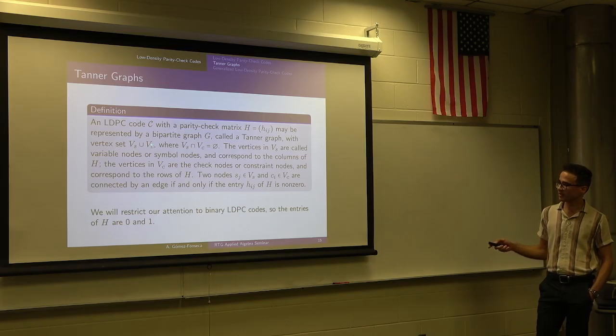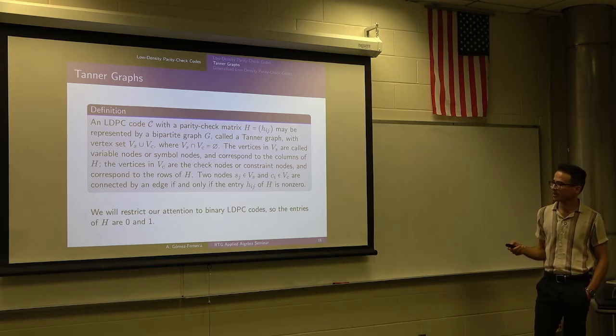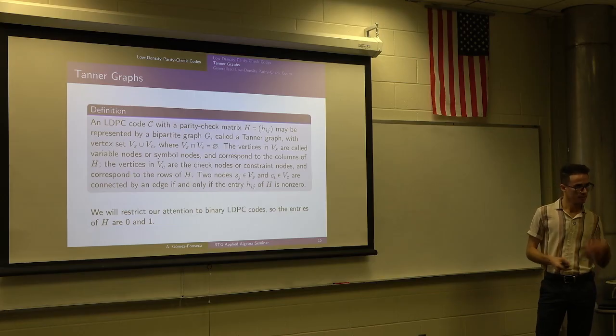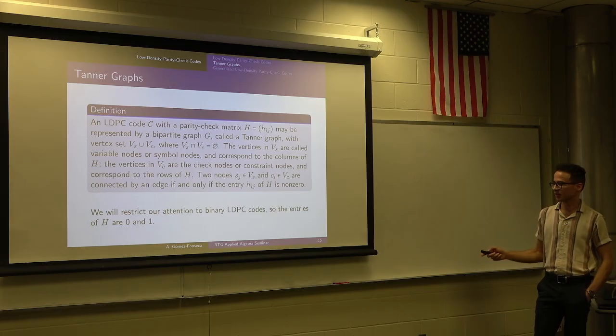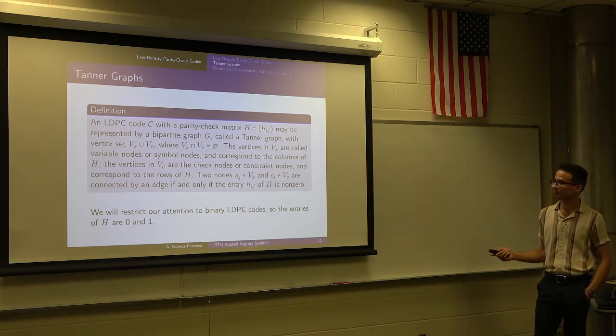The elements in Vc are called check nodes or constraint nodes, and you have 1 per each one of the rows of the parity check matrix. And you are going to connect a symbol node Sj with a check node Ci if and only if the entry Hij is non-zero in the parity check matrix. In this case, we're working with binary LDPC codes, so the entries of this matrix are zeros or ones.